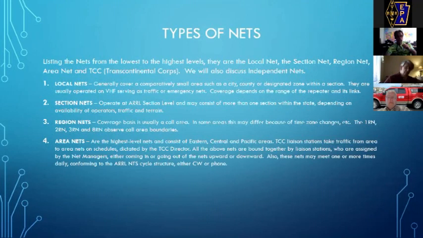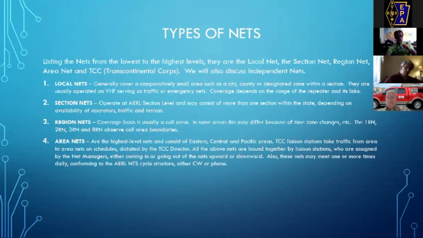They'll either be taking traffic in or going out, up or down from wherever their particular net is located in the hierarchy. These nets may meet one or more times daily to conform to the ARRL NTS cycle structure on either CW or phone.